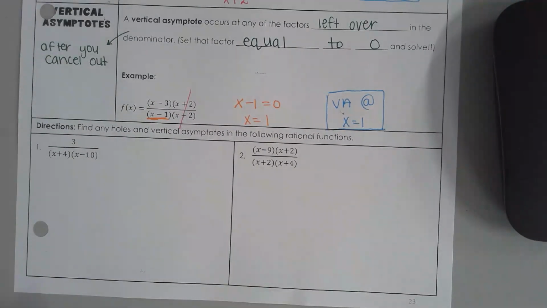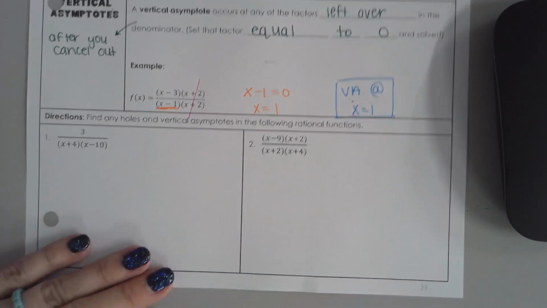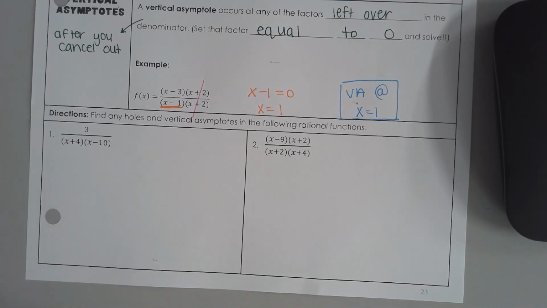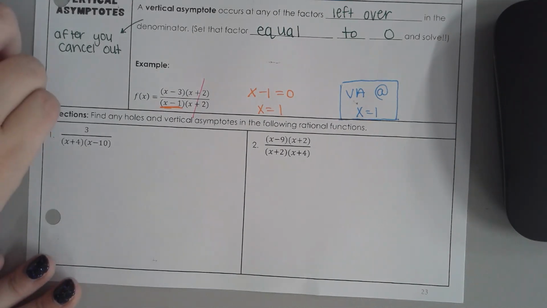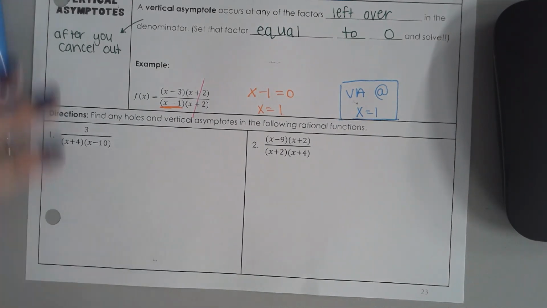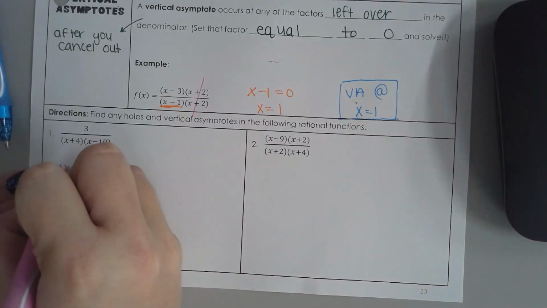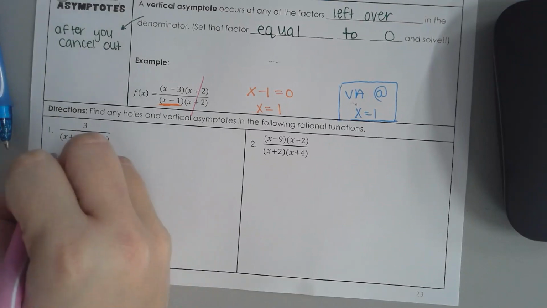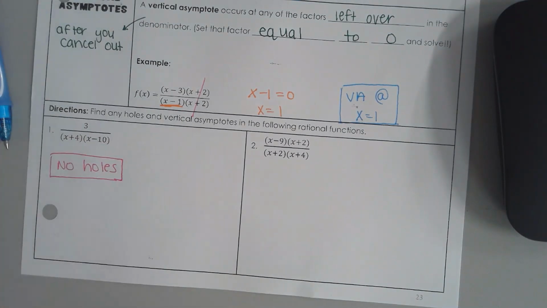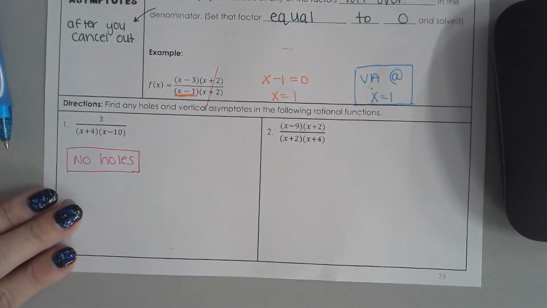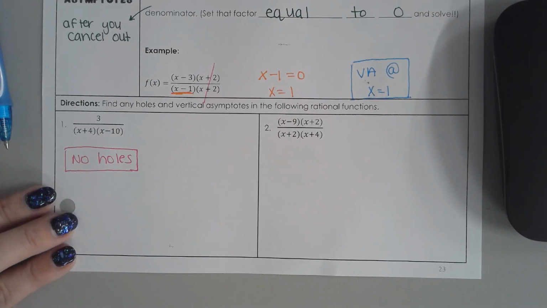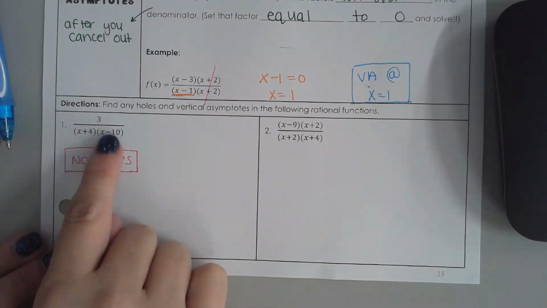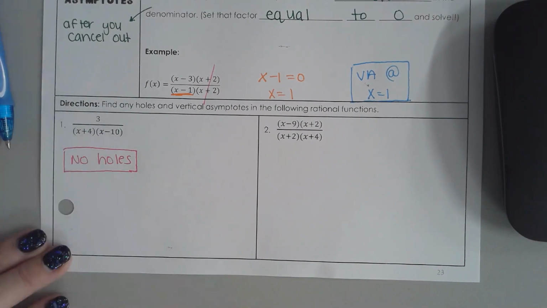So number 1, this is already factored. I have a 3 on the top, x plus 4, x minus 10 on the bottom. Does anything cancel? No. If nothing cancels, then there are no holes. So your vertical asymptotes, I'm going to have 2 because I have 2 factors left over in the bottom.